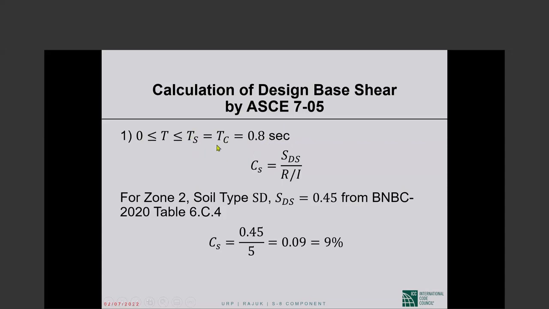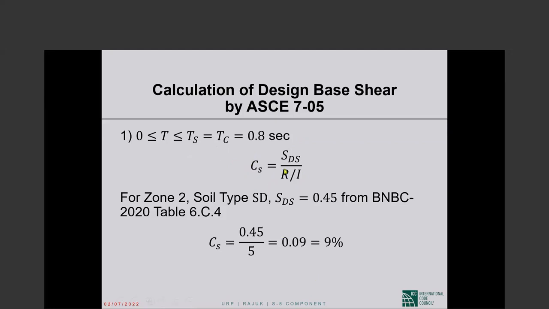So the flat top of ASCE 7 is given by this expression. C sub S is what we multiply the weight by to get the base shear. Okay, this is not the same C sub S of BNBC. This is why I ran the numbers and am discussing the subtleties so much.